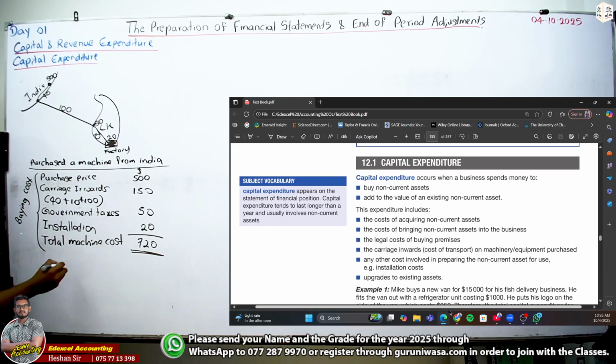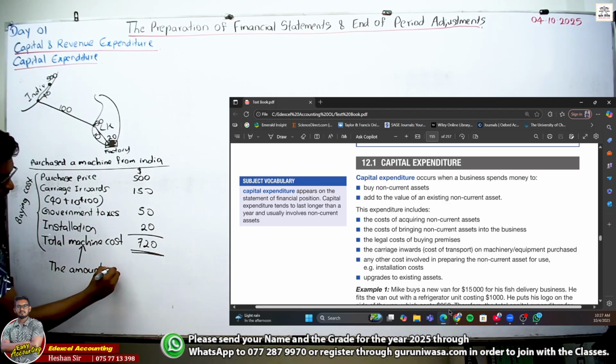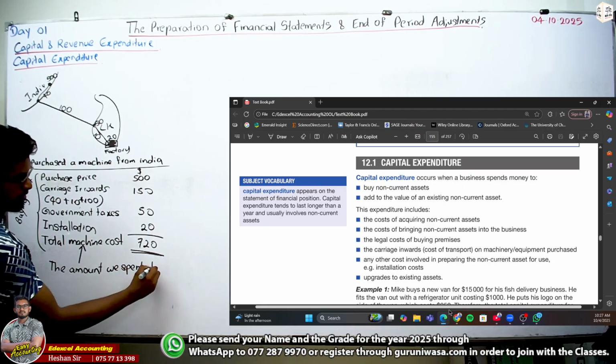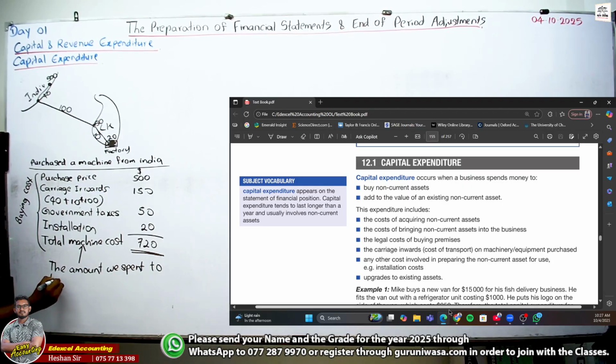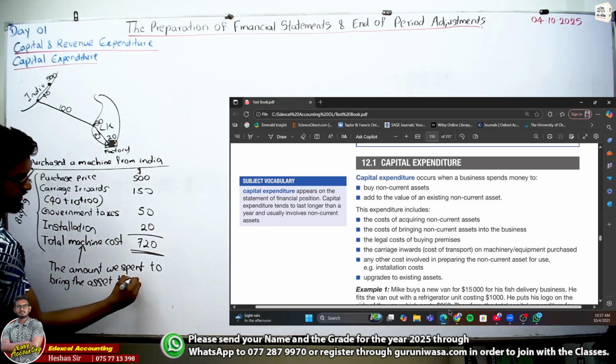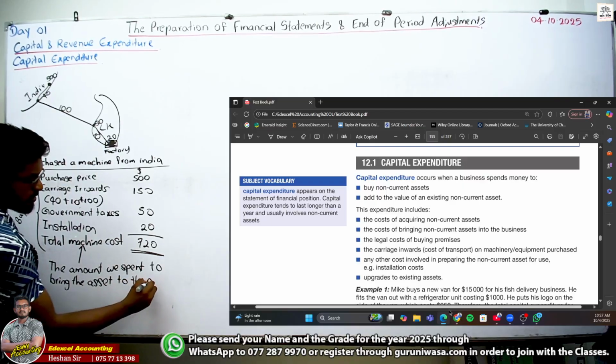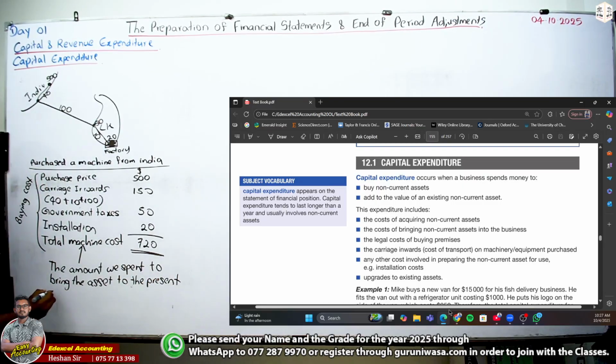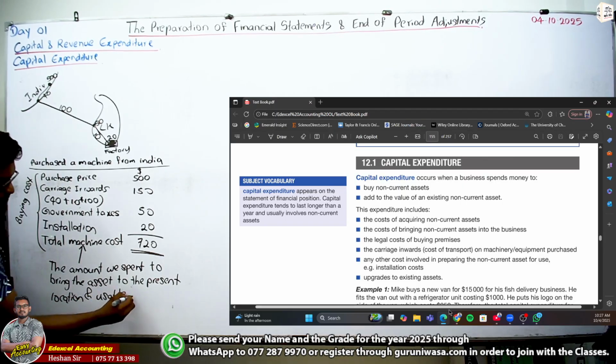Here, according to the LKAS 16 standard in Sri Lanka, and in the international standard also IAS 16, cost means the amount we spend to bring the asset to the present location and usable condition.